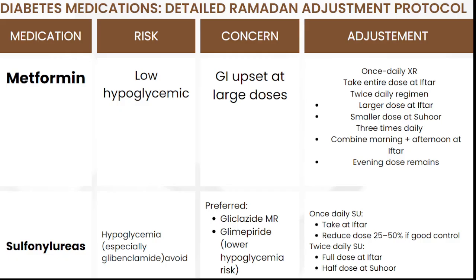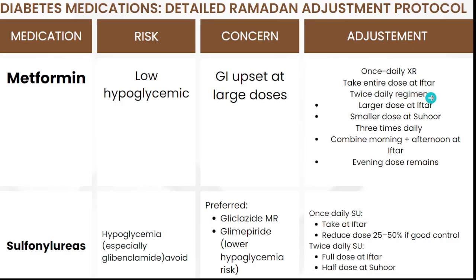If the patient is taking once-daily XR, he will take it after iftar to avoid gastric upset. If he's taking a twice-daily regimen, for example 2000 milligrams, then he will take 1000 after iftar and 1000 after suhoor.